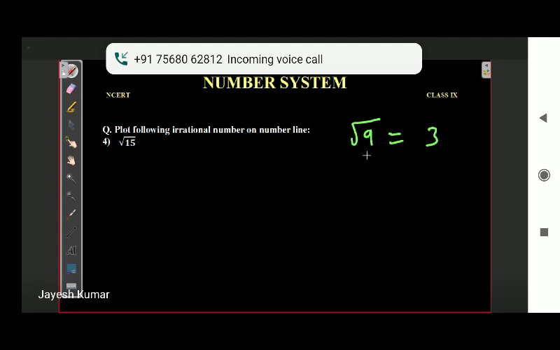How much should we add to 9 to get 15? We should add 6. So first you need to draw under root 6. After drawing under root 6, you take the height as 3 centimeter, and then you will get your final answer.